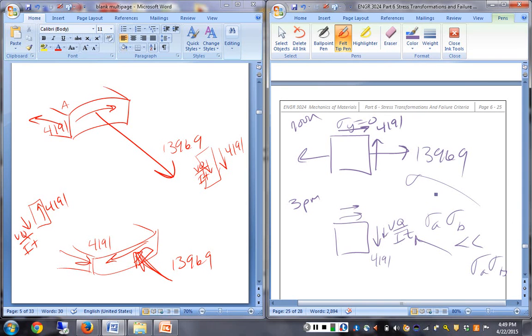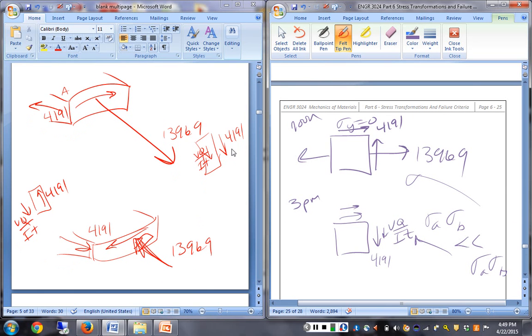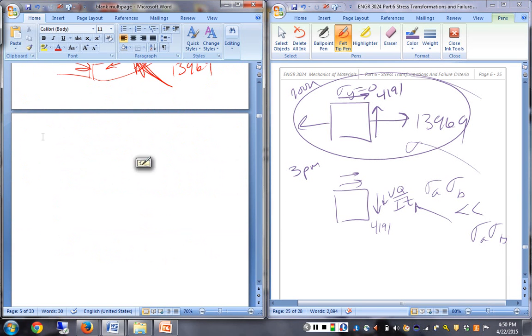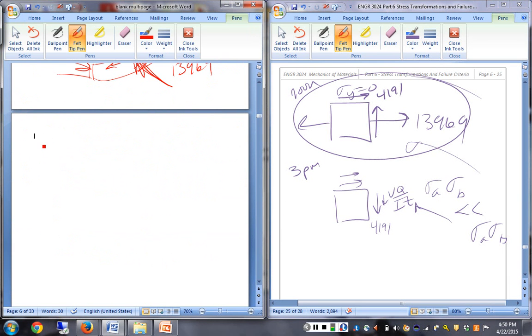So, I'm kind of out of time, so I'll talk fast. This is our principal stress state. What do we do from here? We do Mohr's circle. I'm going to skip the drawing of the Mohr's circle part. You guys are good with the actual drawing of it. So what do we need? We need to figure out our sigma A and sigma B. And what is that?